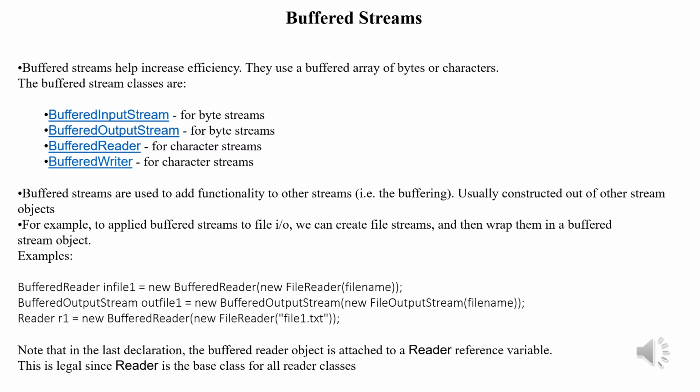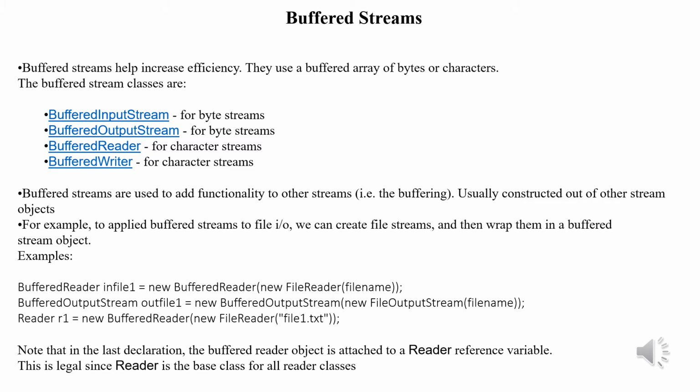In fact, buffered streams are used to add functionality to other streams. For example, to apply buffered streams to file input-output, we can create file streams and then wrap them in a buffered stream object, as you see in this example.